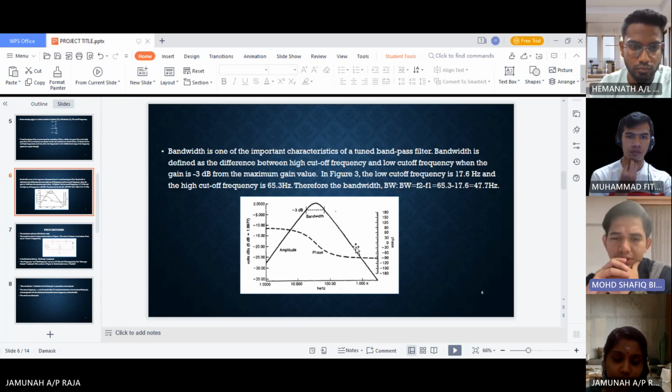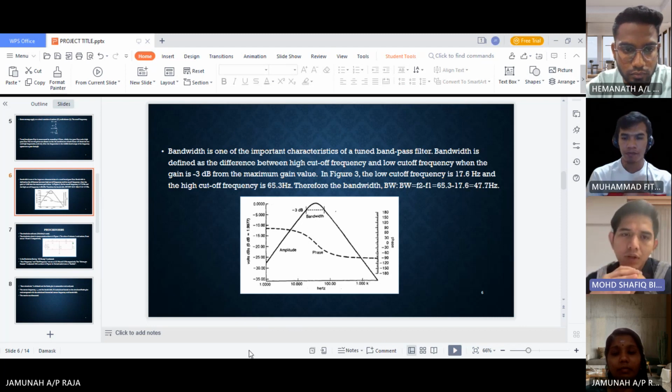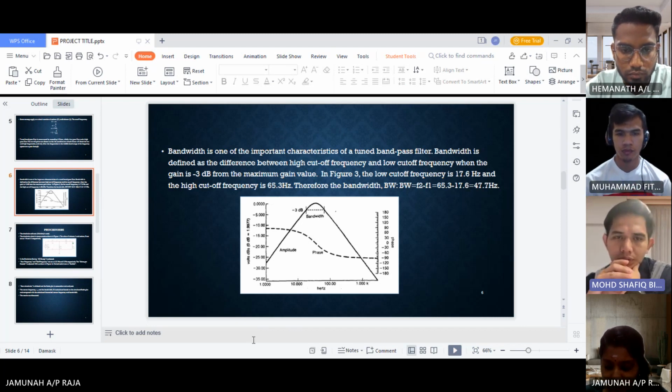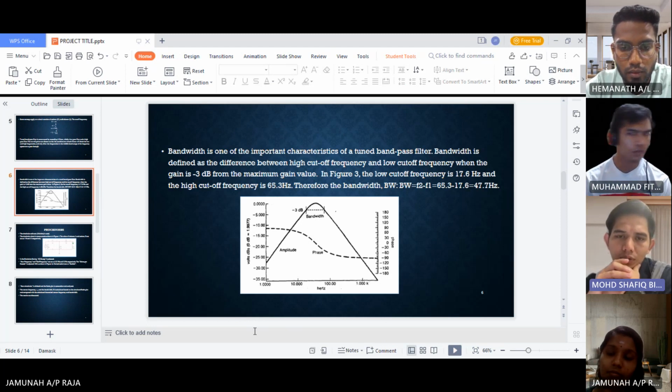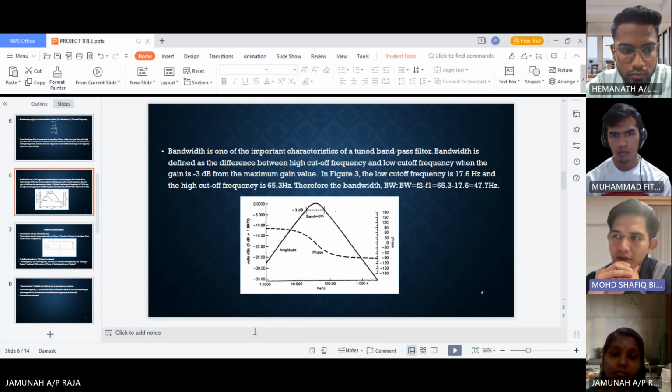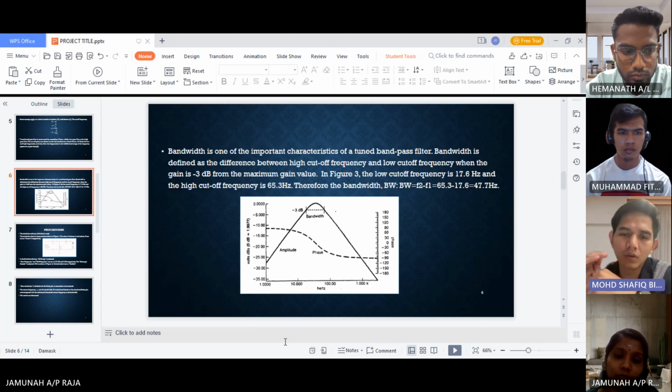The important characteristic of the tune band pass filter is the bandwidth. We can define the bandwidth as the difference between the high and low cut-off frequency. As I mentioned before, the tune band pass filter consists of high and low pass filters.